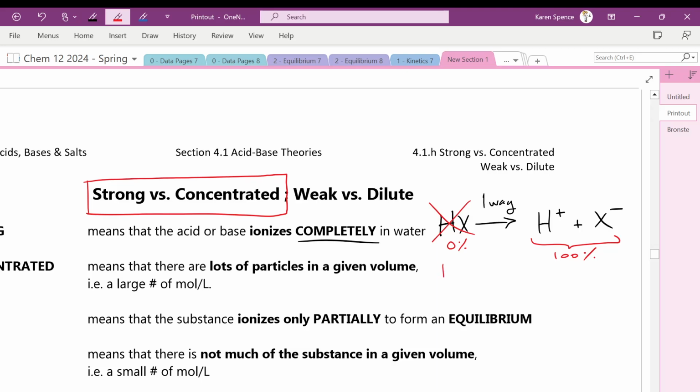Concentrated, on the other hand, means lots of particles in a given volume. So if this is an acid particle, there's lots of them. Lots. Yes? Now, this one is concentrated. Do we know anything about whether it's dissociated or not if I don't tell you if it's strong or weak?